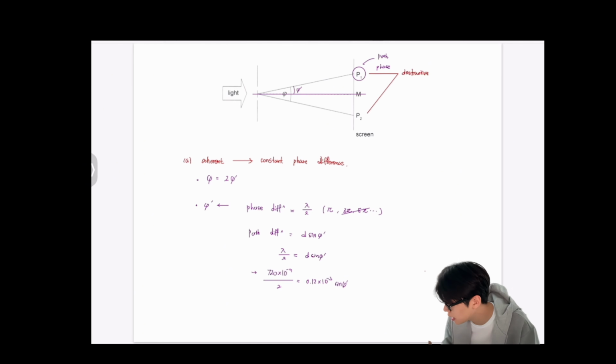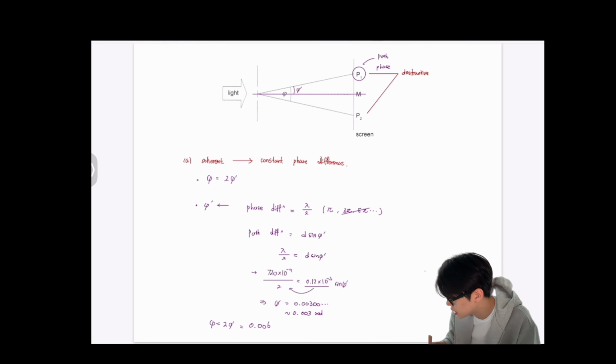Okay, so if you calculate this and rearrange to the left hand side, then apply arc sine, you will see theta prime is equal to about 0.003 radians. And then finally we have to calculate phi, which equals 2 theta prime, that is equal to 0.006 radians. Okay, so this is how we solve question B1.